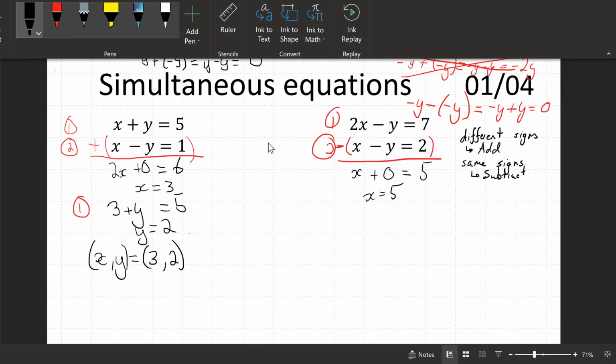Once we've got x, we take equation 1, and we plug x into that equation. So we get 10 minus y equals 7.